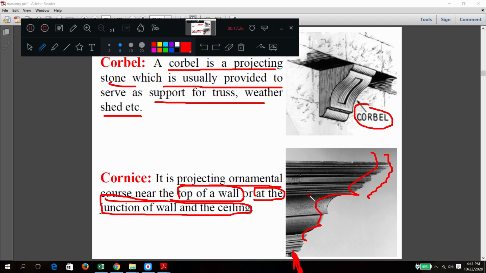Wall and ceiling means what? It is almost at the slab level. Okay, so this is inside of the building, outside of the building, some architectural purpose. So this is called a cornice. Okay, so a corbel will come inside, like this, to support some sheds, truss. Okay, like that.